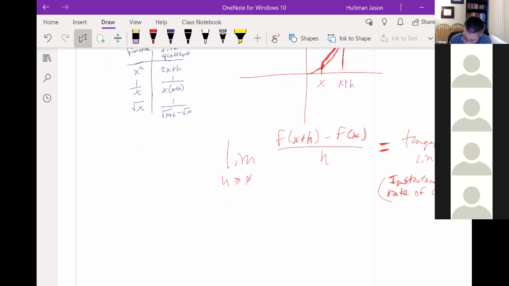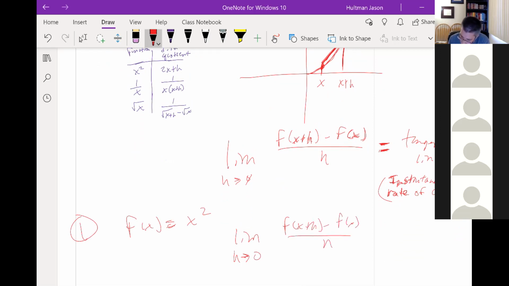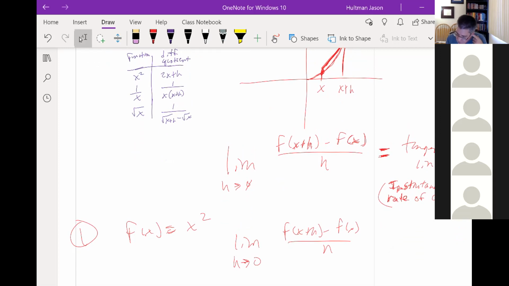Let's look at example 1 here. f of x equals x squared. What is the limit as h goes to 0 of f of x plus h minus f of x all over h? Well, we already know what the difference quotient is. We just did that. Isn't that 2x plus h?